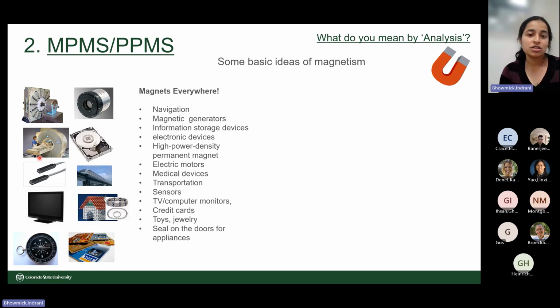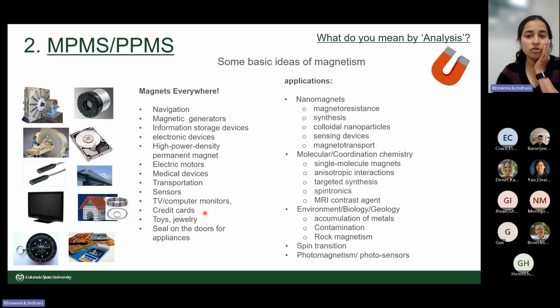We have them for navigation, electronic devices, all types of permanent magnets, electric motors, electromagnets, different sensors, your credit card or sensor card to get into our building. And lots of kids' toys and jewelry are magnetic. We are seeing them everywhere.